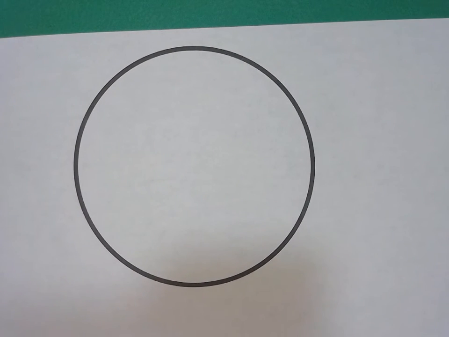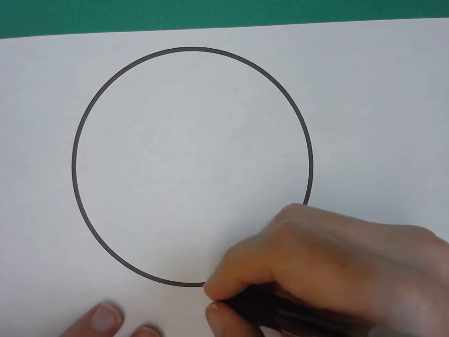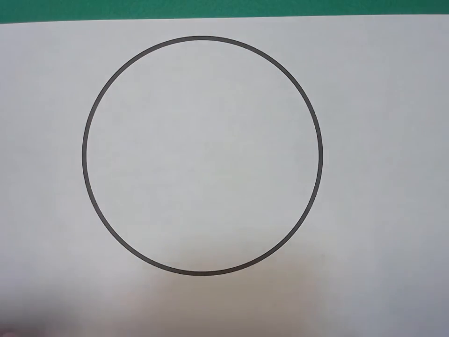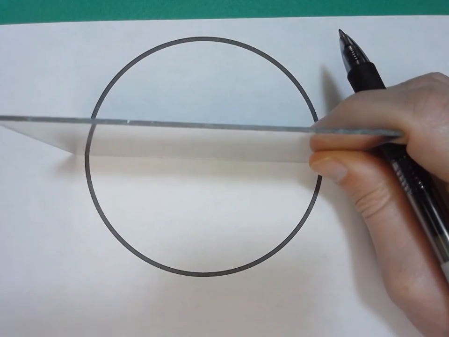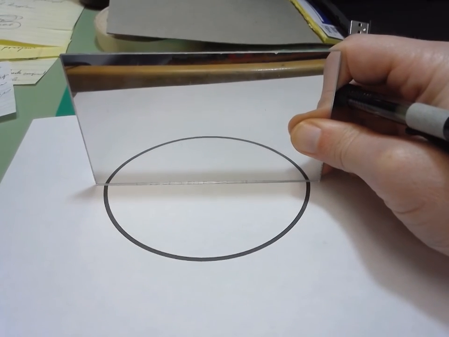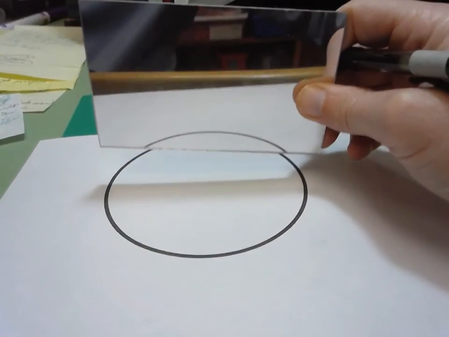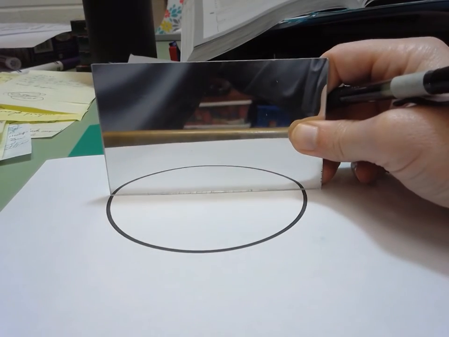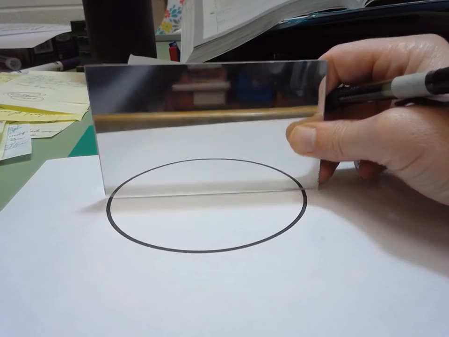Then I have a circle that has an infinite number of lines of symmetry because I can certainly fold this circle right in half. And it is still the circle. So the top and the bottom match up perfectly.